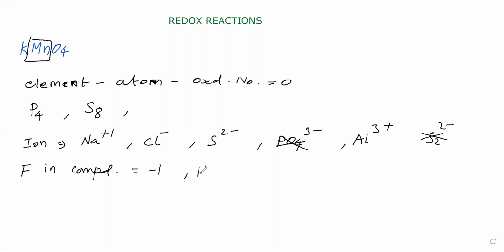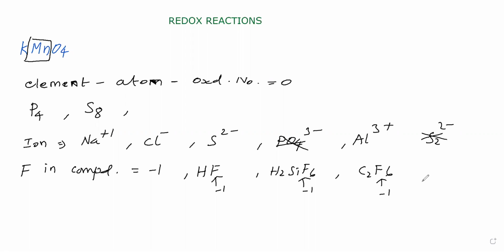For example, in HF, the fluorine oxidation number is -1. In H2SiF6, the fluorine oxidation number is -1. In C2F6, the fluorine oxidation number is -1. So fluorine oxidation number is -1 in its compounds.